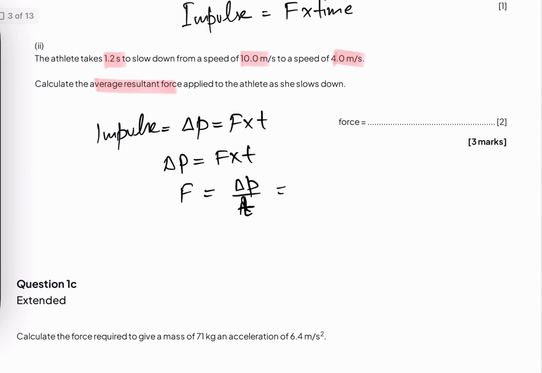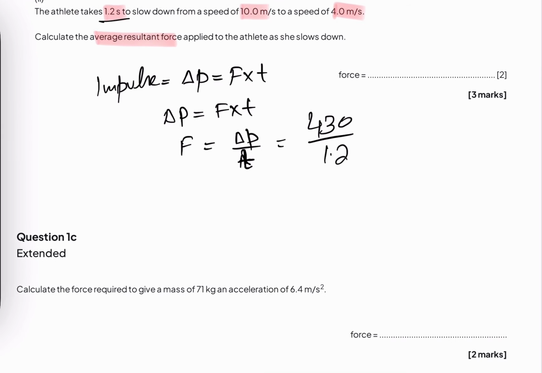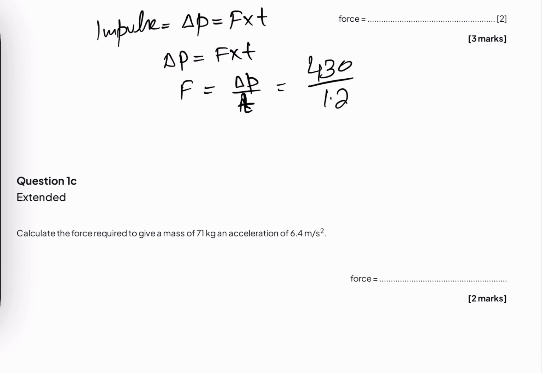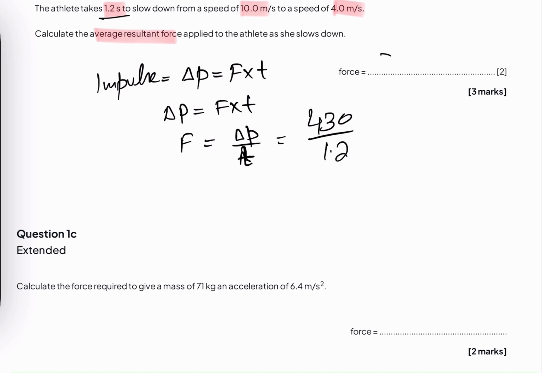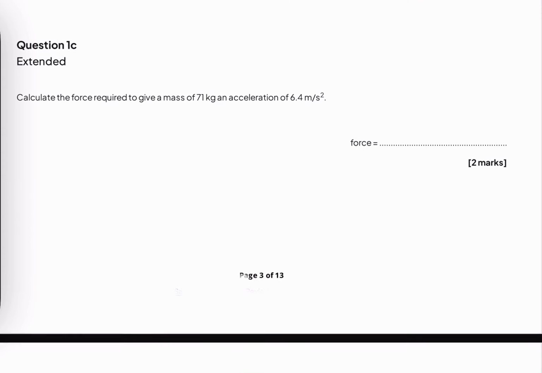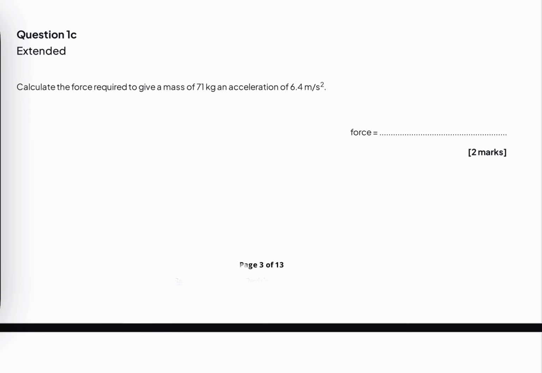So 430 divided by the time, which is given, 1.2 seconds. So it will give you 430 divided by 1.2, which is 360 newtons.